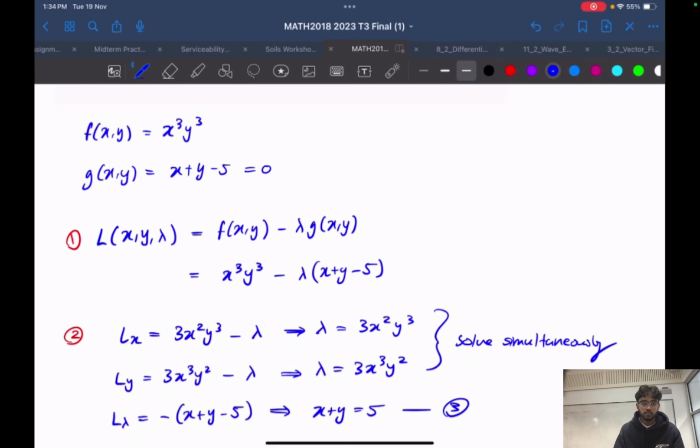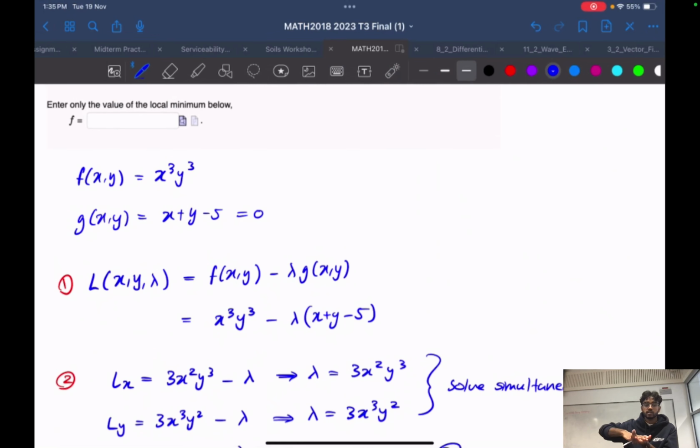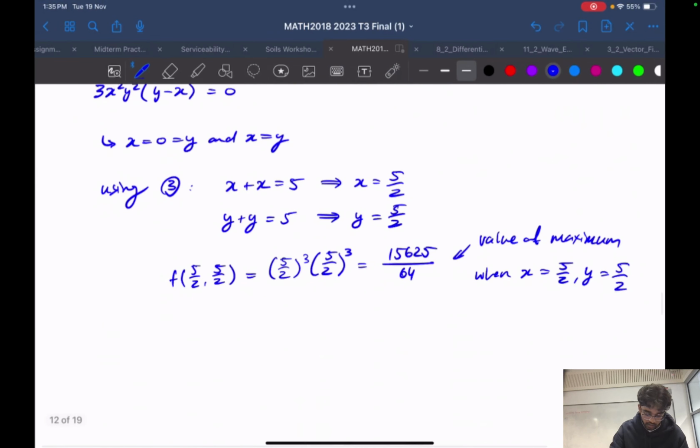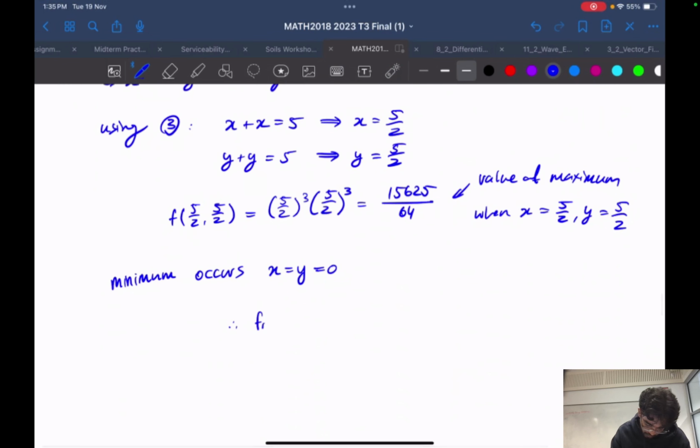So the minimum value occurs at x equals 0, y equals 0. Because it never goes below that. That is the minimum value, and it's always above that value. So it's always greater than 0, but never less than 0. So we can say that minimum occurs at x equals y, which equals 0, and therefore f minimum is just 0.